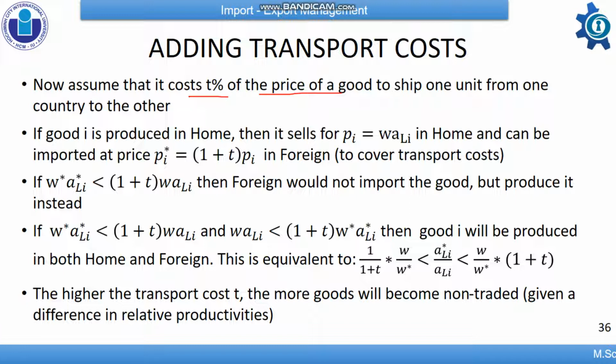If the good I is produced in home, it sells for the price PI equal to the wage times the time that they need to produce the product I in home, and it can be imported at the price PI star in foreign, that is equal to the PI in home times one plus T, because the transport costs are T% of the price of the good.